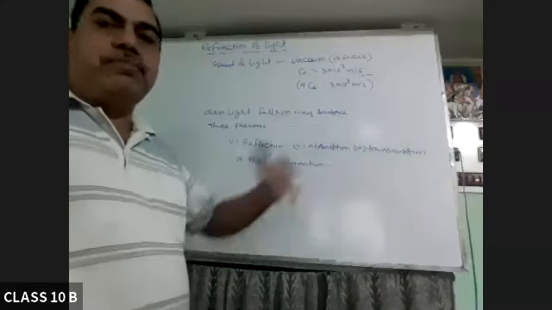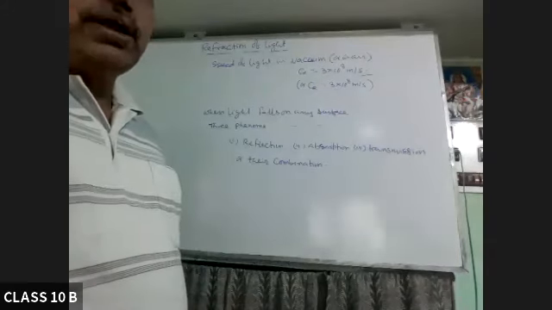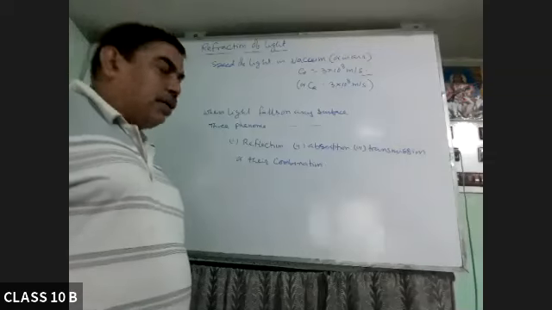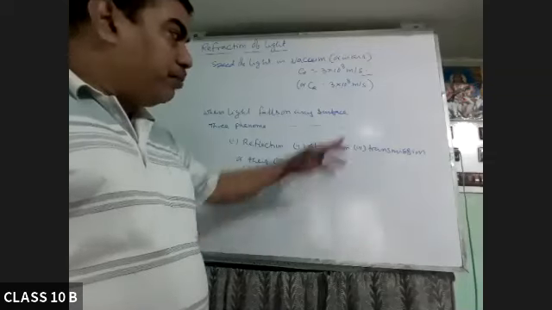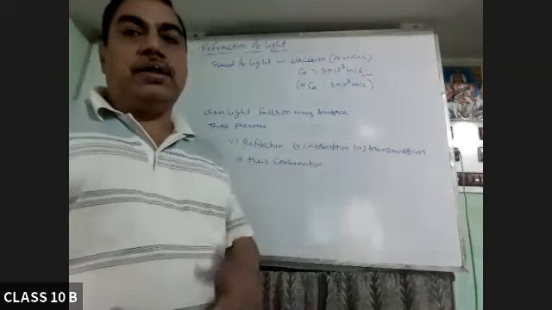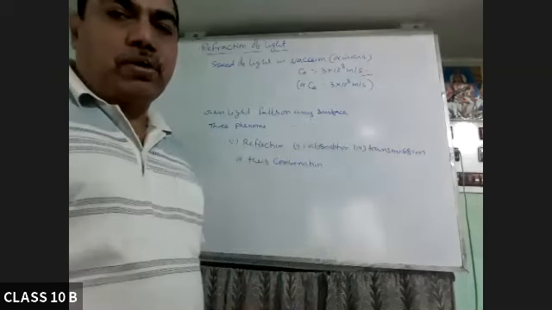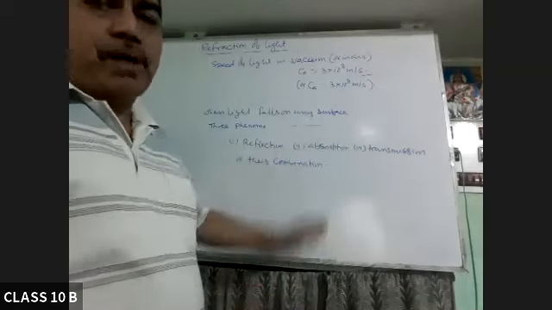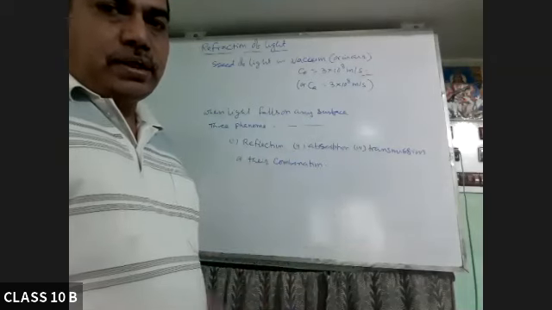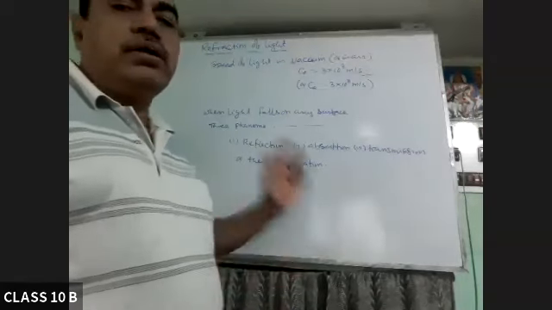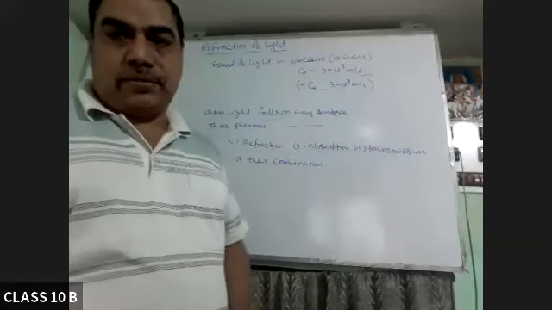So when light goes from one medium to another, what will happen? While going from one medium to another, light bends from its original path. It is not following the same path. And this bending we call refraction of light.